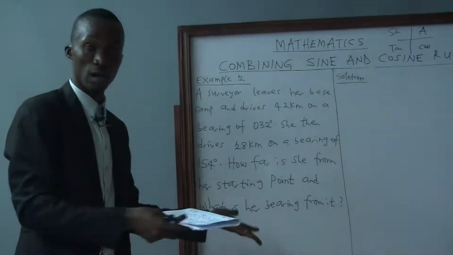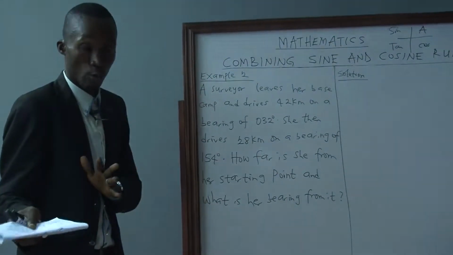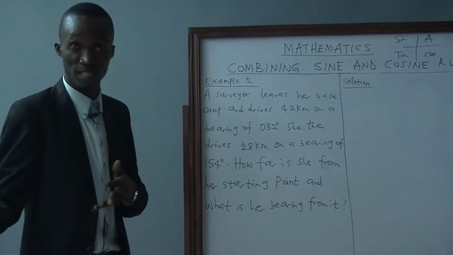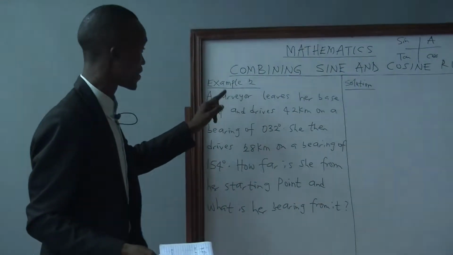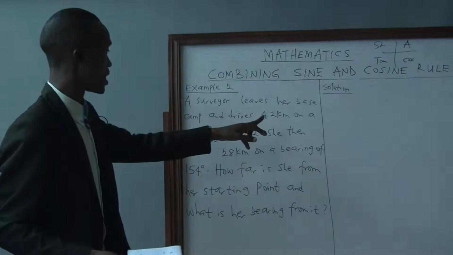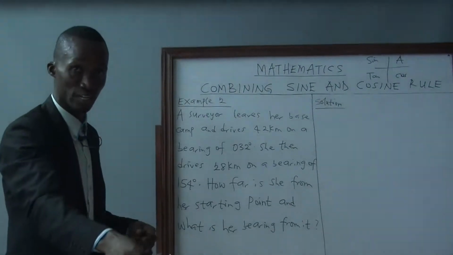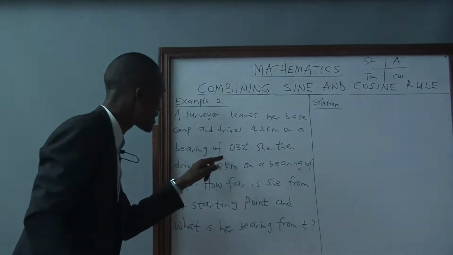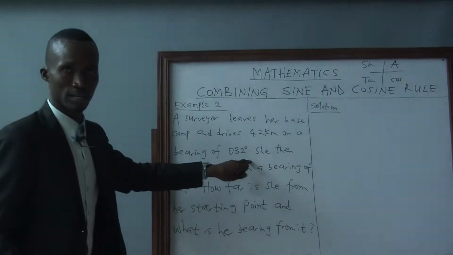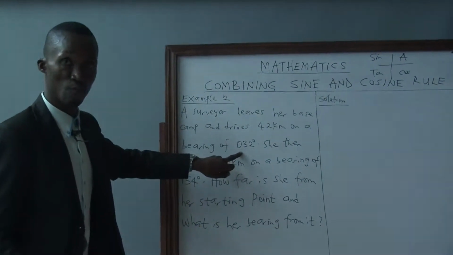We can look at this question in that perspective as well. But we are talking about a surveyor A that is leaving her base camp and decides to drive 42 kilometers to a particular destination on a bearing of 032. That is the direction of movement.